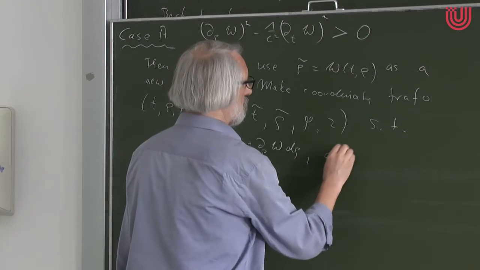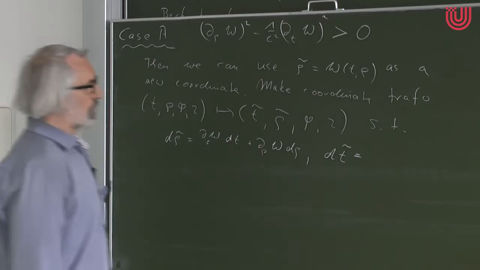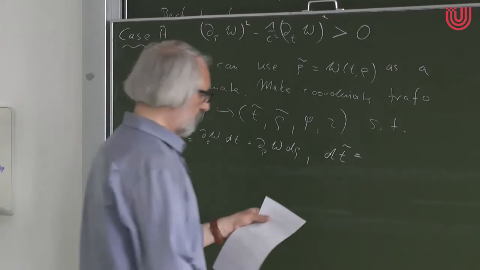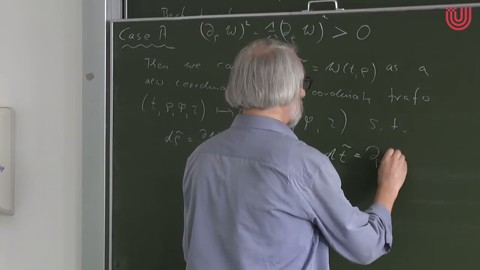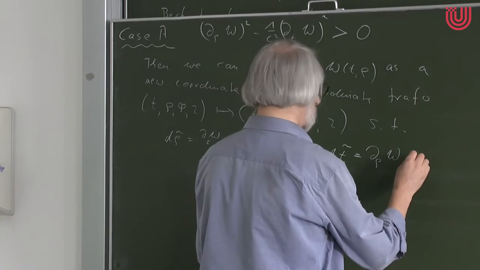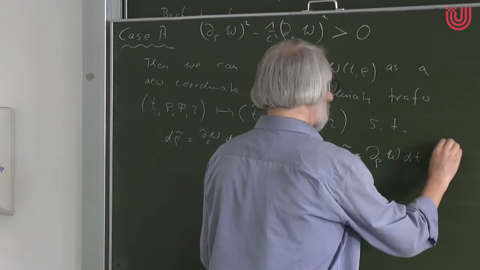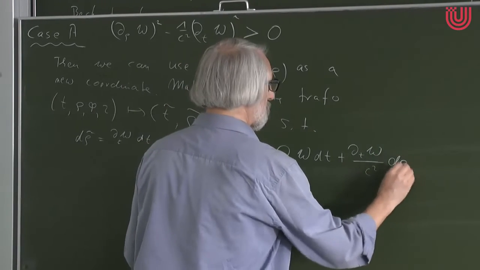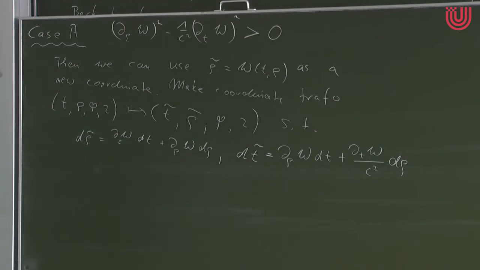And then I have to tell you how the new time coordinate should be defined. I write something down and then I prove that this is in fact possible. So I want to have dt tilde equal to ∂_ρ W dt plus ∂_t W c² dρ. And now a question to the audience: is this always possible?